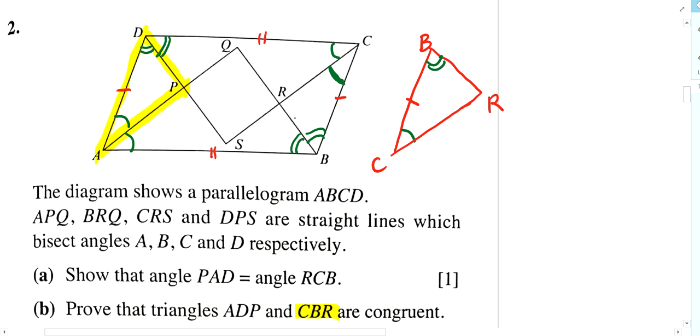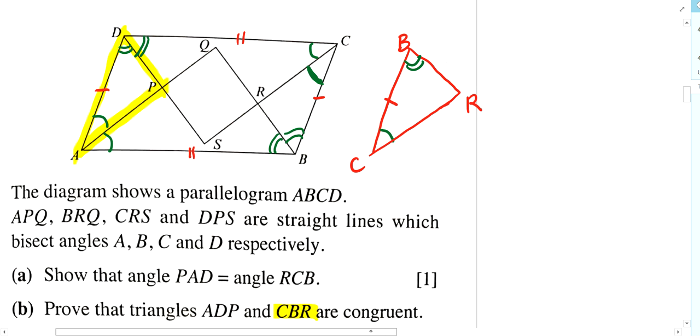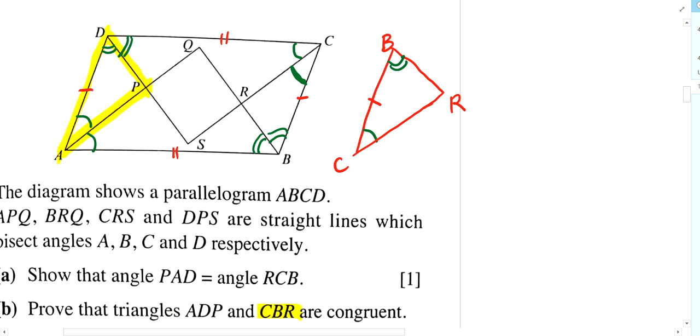Are they congruent? Can you see these two triangles, the yellow and the red one? Do we have enough information to prove that they are congruent? Yes. Chike nodded his head. Chike, which test will you use? ASA.